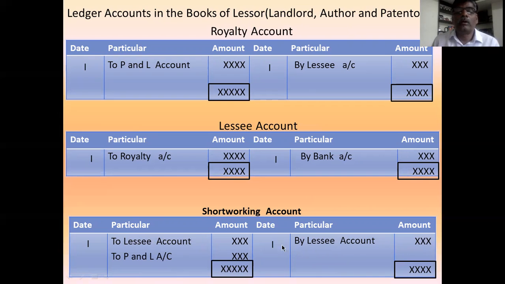Then if there is an amount in the SWR column, to lessee. To P&L means it is SWIR. Close the account, ascertain the balance, and that balance is to be carried down to the next year. Okay, this is the accounting procedure in simple form. You remember these repeatedly.